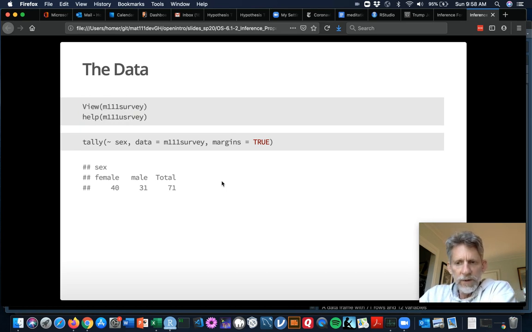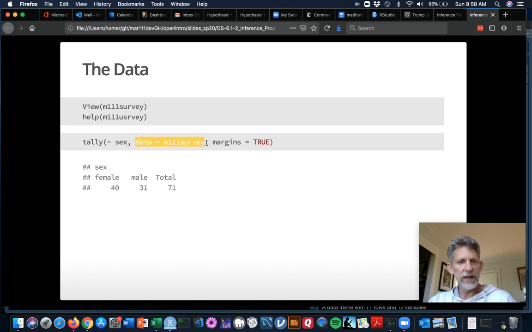If we are interested in this question, we need to get ready to answer it by looking at what's in our data on the sex of students in the survey. So going back to early in the course, when we're looking at categorical data, tally can help us. We can tally the variable sex here after the twiddle.